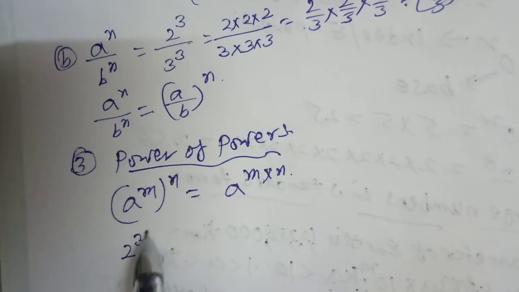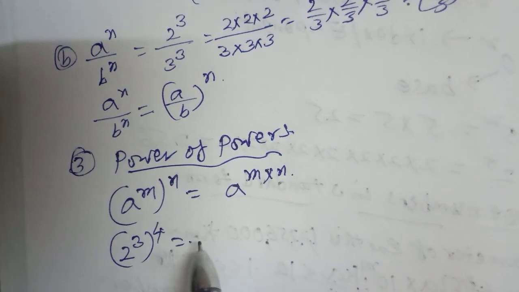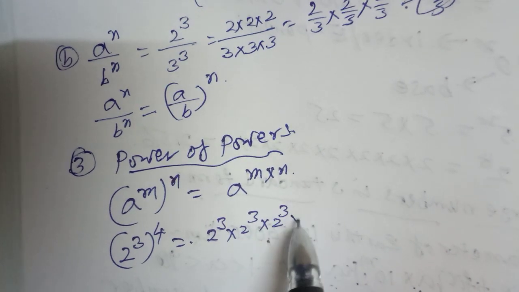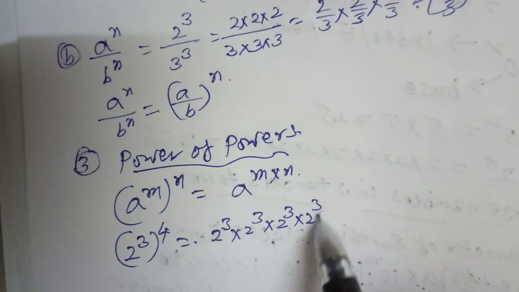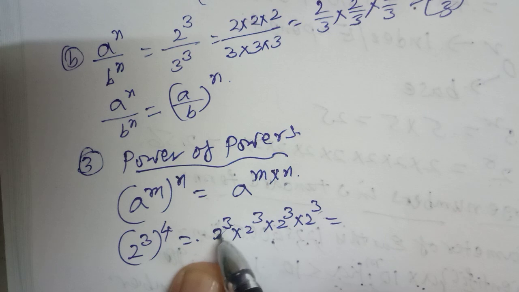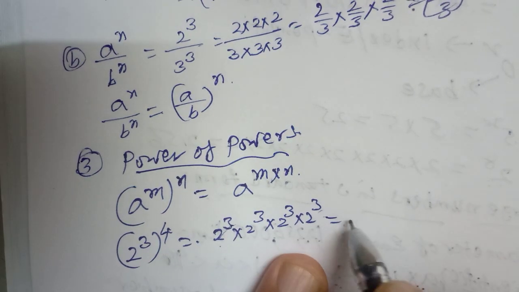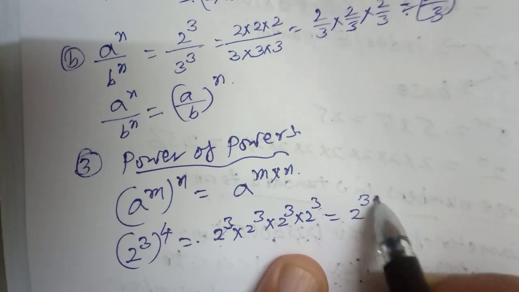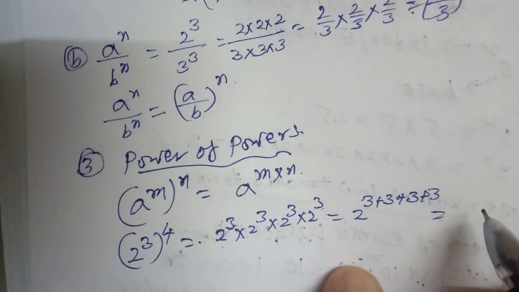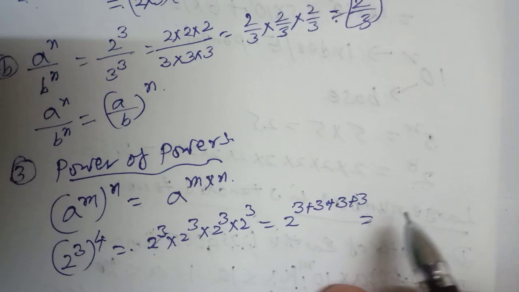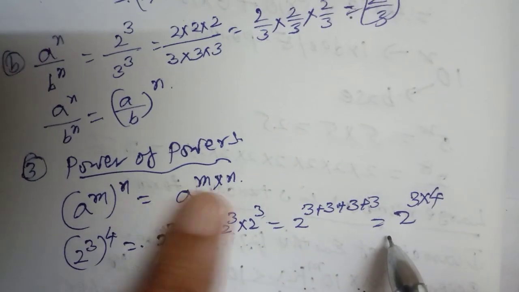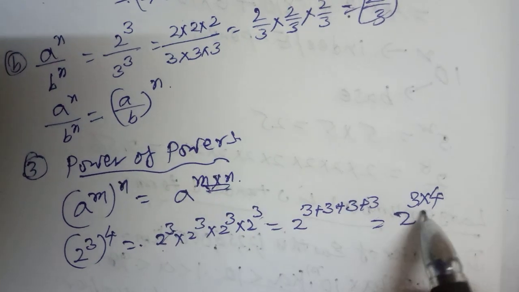So 2 to the power of 3 to the power of 4, that is 2 cube into 2 cube into 2 cube into 2 cube, that is 2 to the power of 3 plus 3 plus 3 plus 3, that is equal to 2 to the power of 3 into 4, that is m into n.